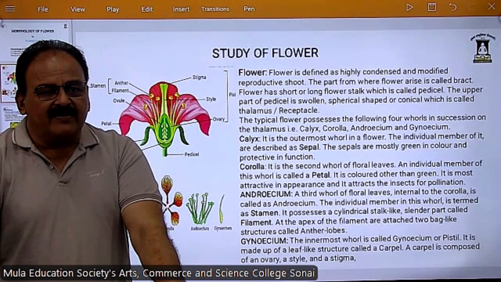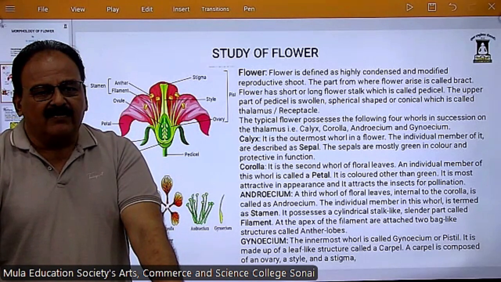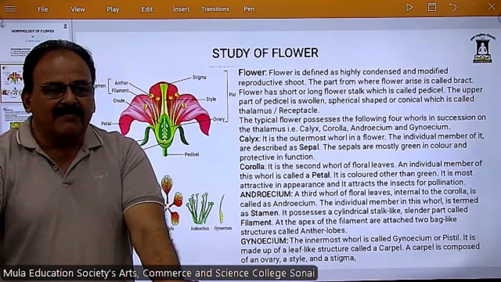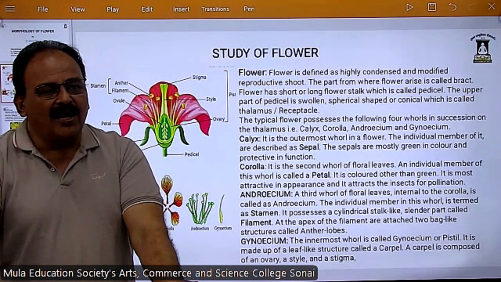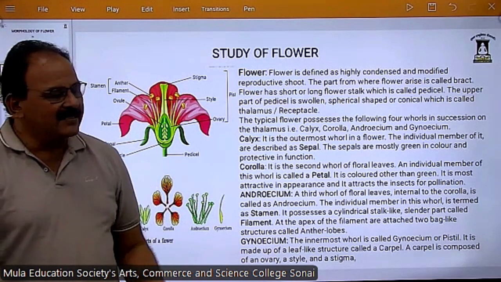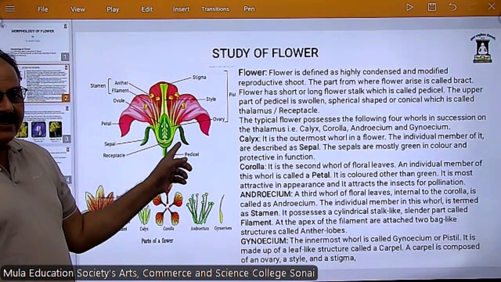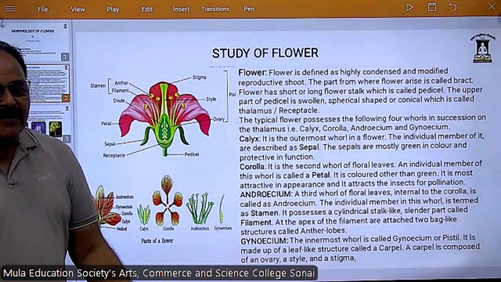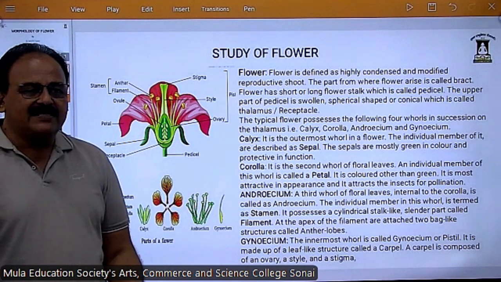The typical flower possesses the following four whorls in succession on the thalamus, that is calyx, corolla, androecium, and gynoecium. Calyx. Calyx is the outermost part of flower. It is made up of a group of sepals.